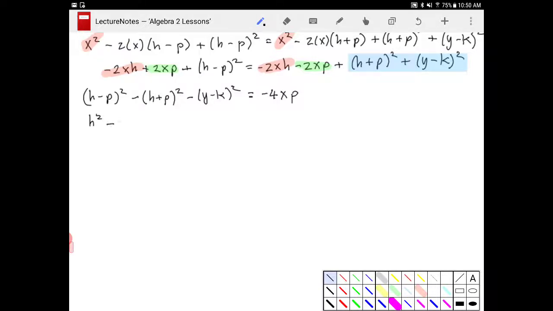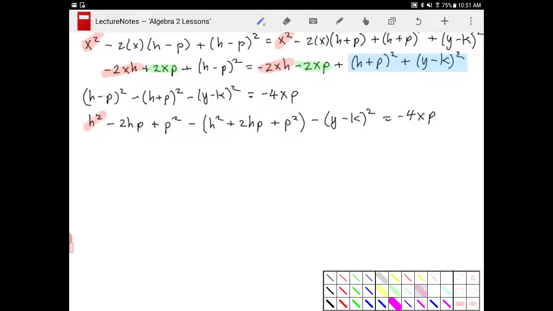So I have h squared minus 2hp plus p squared, subtracted by h squared plus 2hp plus p squared. I am strategically, again, not FOILing out the (y minus k), and that is equal to negative 4xp.